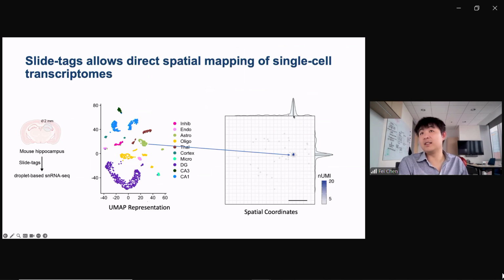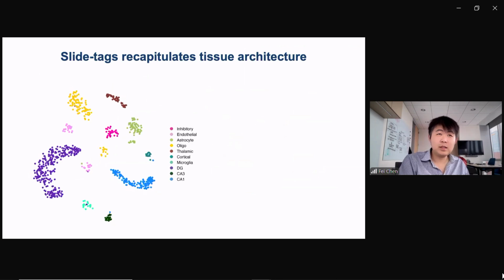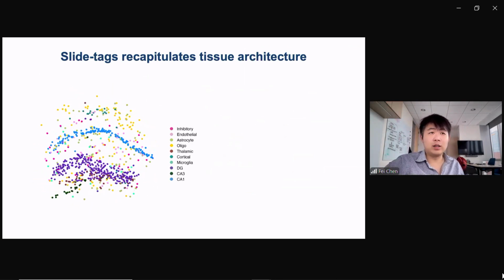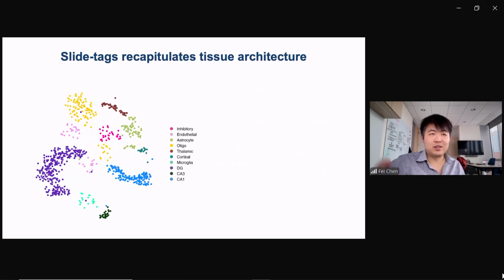You can see very easily that you can fit the peaks of these distributions to localize the position of the cells with quite high accuracy. This is a form of error correction where the distribution allows you to be robust to any given spatial barcode. And so when you do that, you can assign spatial placements to the majority of these cells. Here's just a cool animation showing that you can do that.